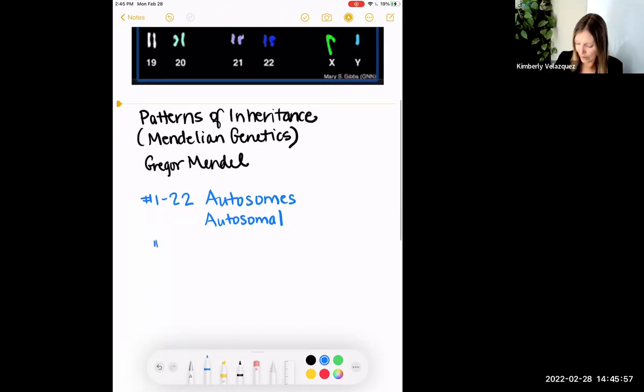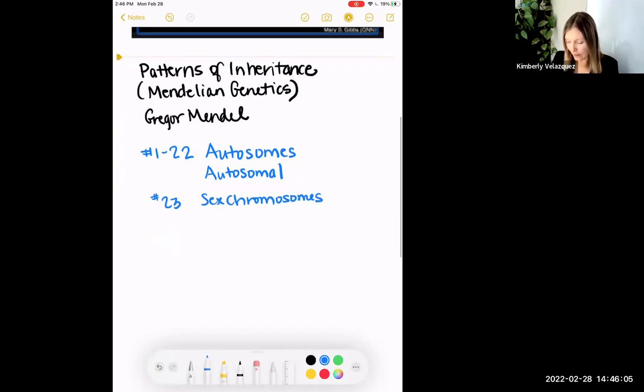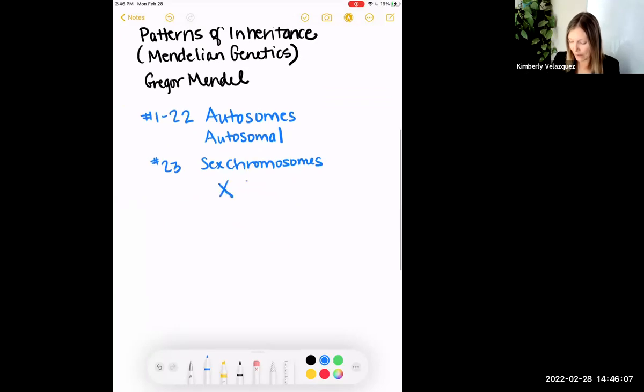The 23rd pair, called the sex chromosomes, traits are going to be inherited a little differently there, because if you're genetically female, you have 2 X's, and if you're genetically male, you just have 1 X, but you also have a Y. Genetic females do not have that Y. So traits that are inherited on the Y chromosome are not going to be present in an individual who is XX.